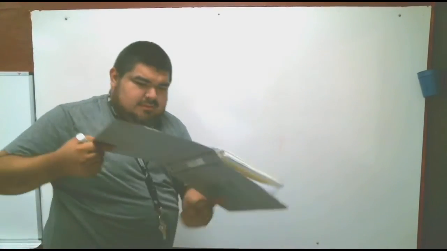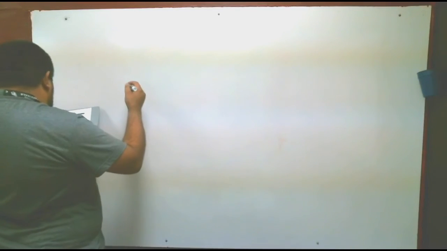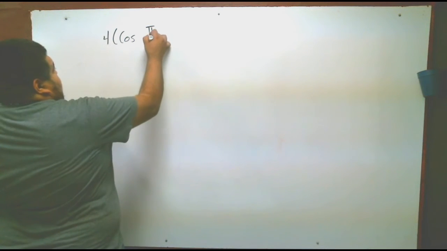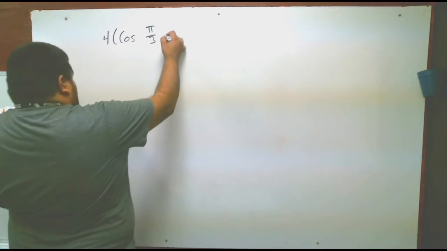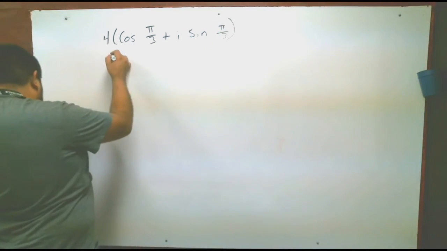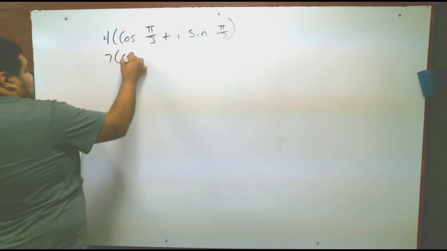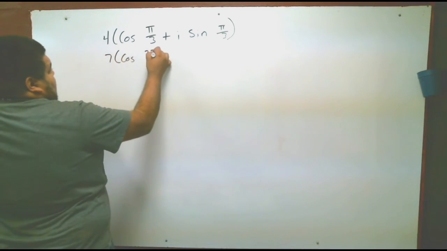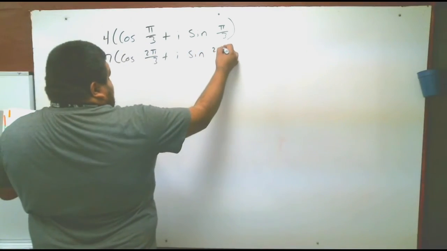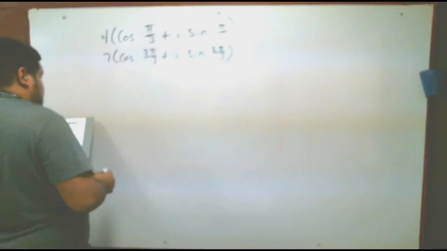For number 1, we have 4 cosine of pi over 3 plus i sine of pi over 3, times 7 cosine 2 pi over 3 plus i sine of 2 pi over 3. Okay, that's the first one.